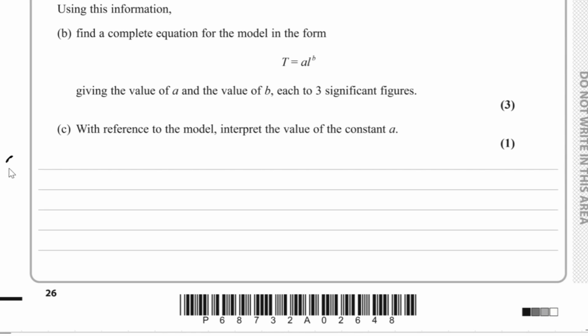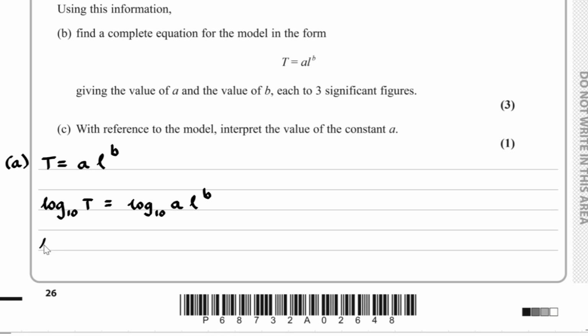For part A, we begin with t equals a times by L to the power of b. If we take log base 10 of both sides, we have log base 10 of t equals log base 10 of a times by L to the power of b.